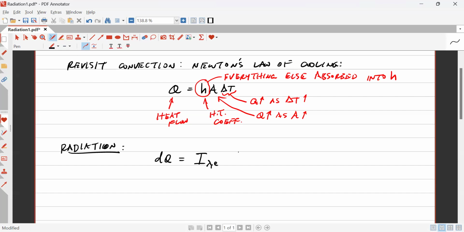We have dQ, which is a differential amount of heat flow, is I sub lambda,e, and I'll put all this in parentheses, and this depends on lambda, actually theta and phi. I'll go along with the nomenclature in the Incropera and DeWitt textbook. And there's dA cosine theta, d lambda and then d omega.